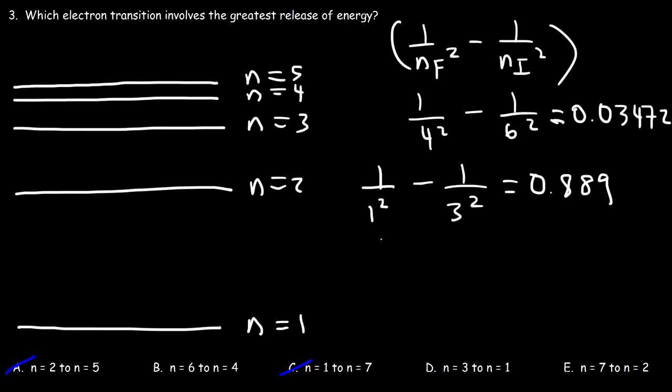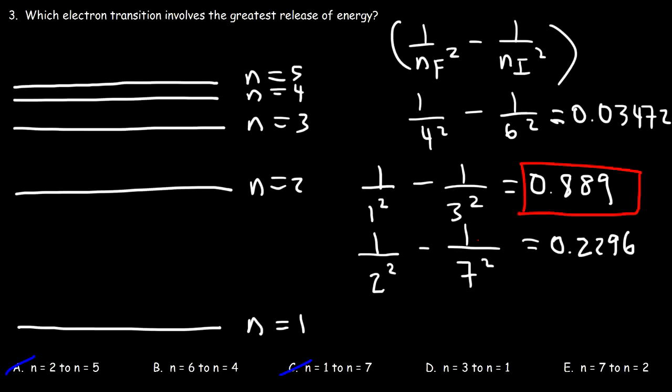And then for answer choice E, it's going to be 1 over 2 squared minus 1 over 7 squared. And so this is going to be 0.2296. So as you can see, the one with the largest energy value is the one with the lowest final state. That's answer choice D.